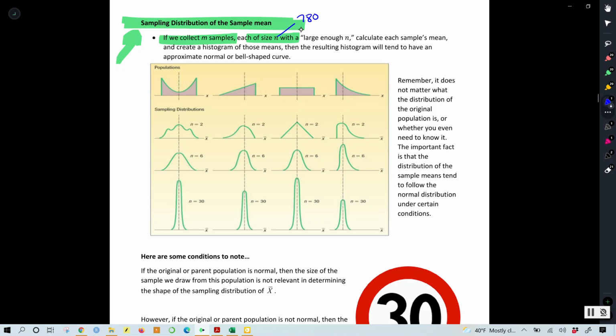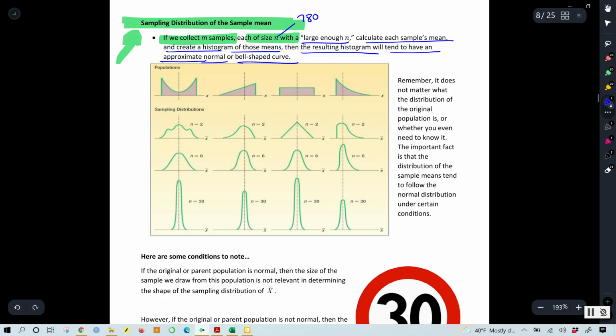And if this sample size is large enough, we can compute each sample's what? Mean, and create a histogram of those means, and then the resulting distribution will usually tend to have an approximate normal or bell-shaped distribution. In other words, you can start out with a distribution that looks like this.